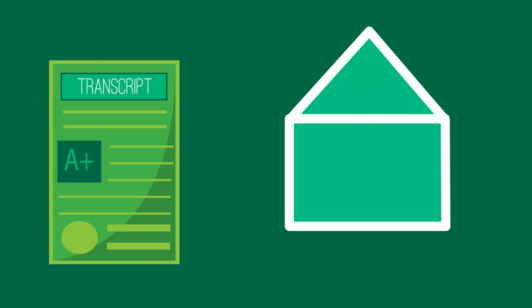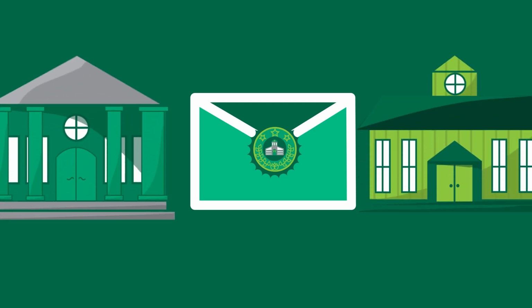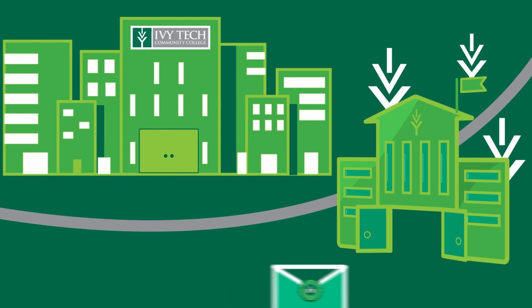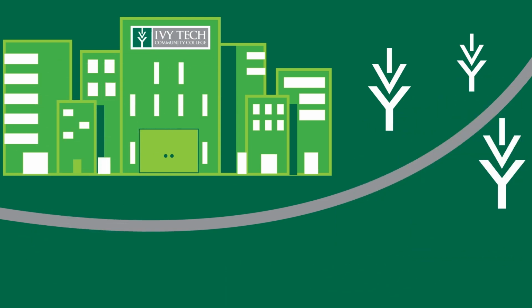You must send your official transcript in a sealed envelope from the granting institution that contains the college's seal to the Student Records Hub for processing, even if you attended more than one institution, to ensure that all possible credits will be transferred.